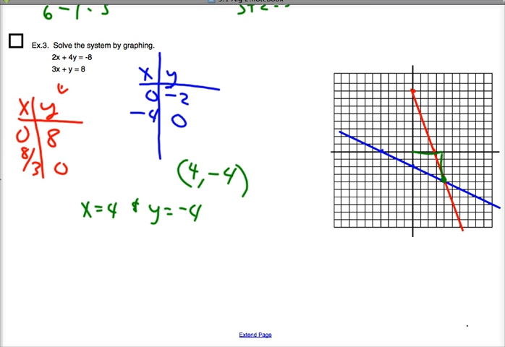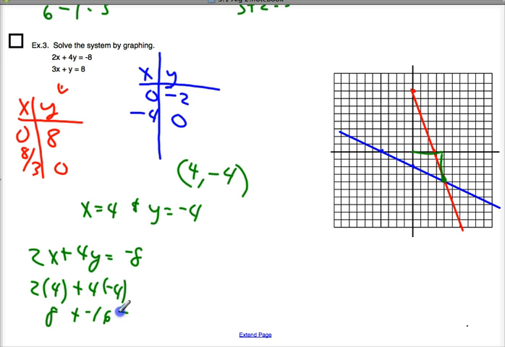Well, the first equation tells me that 2x plus 4y is supposed to be negative 8. So that'd be 2 times 4, which is 8, and 4 times negative 4, which is negative 16. And so far, I'm feeling pretty good about it because 8 plus negative 16 is negative 8.